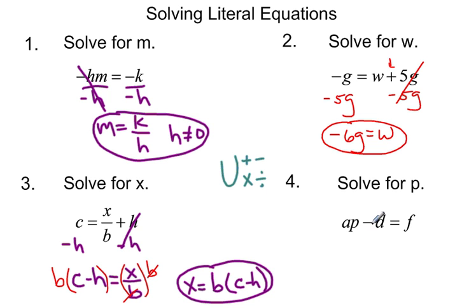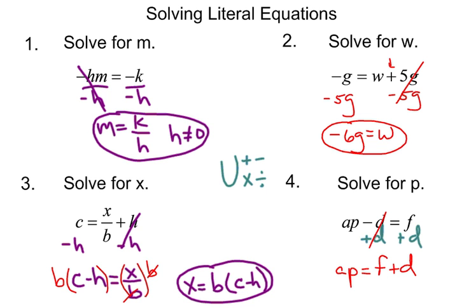Moving right along to example 4, where we're going to get the p by itself. We're going to solve for p. To do that, we're going to undo add and subtract first. So we're going to take that minus d and add d to both sides because that is the inverse operation. We bring down the ap. Negative d plus d is 0, equals f plus d.